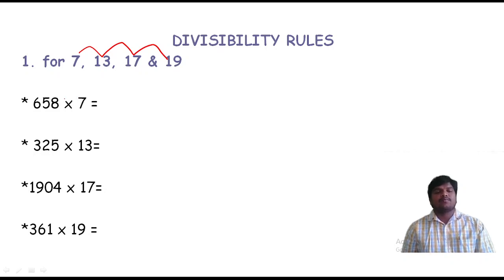So with 7, we need to multiply the last digit by 2 and subtract the result from the remaining number. Then for 17, multiply the last digit by 5 and subtract the result from the remaining number.